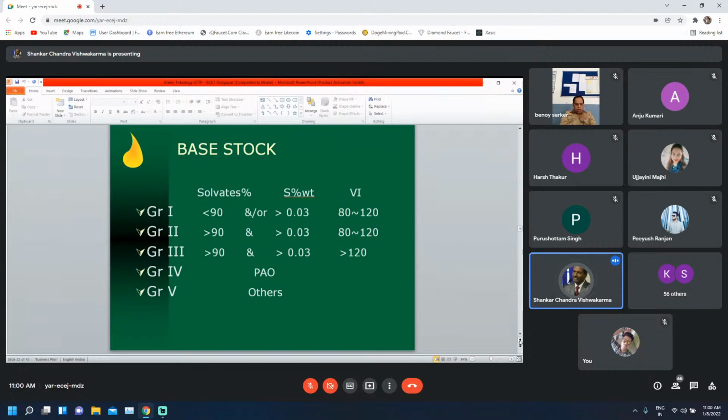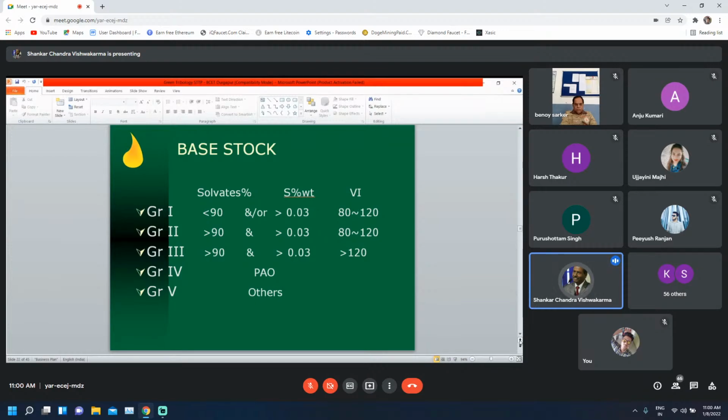But if we put in some additive, the oxidation stability changes in the reverse way. That means oxidation stability is the highest for group 3, slightly moderate for group 2, and the lowest for group 1. So this is very, very important. And viscosity, the ability, that is also increased by putting in some viscosity index amplifiers, modifiers we call them.